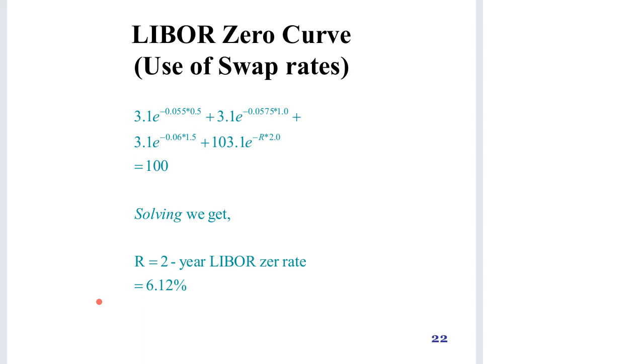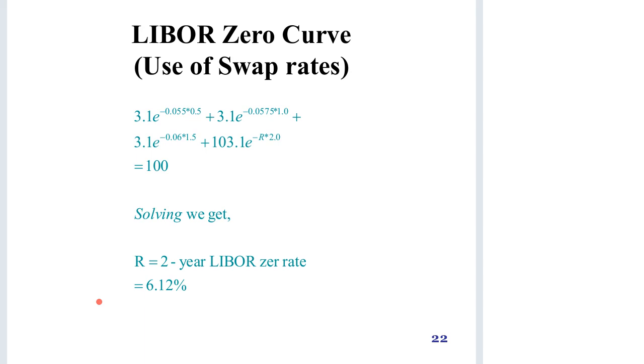And I discount those cash flows. Look at it. I actually know the values at 6 months, 1 year, 1.5 years, and 2 years, so I can add. This is working it back to 100. Now let me assume that R is the 2-year LIBOR zero rate. So I can work from here.